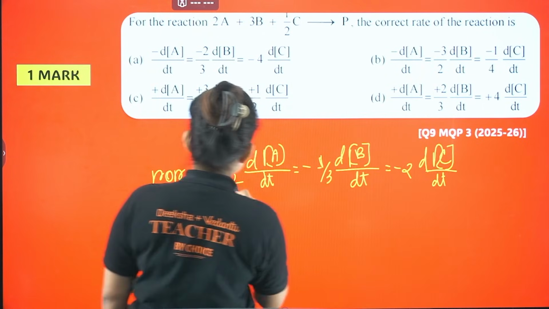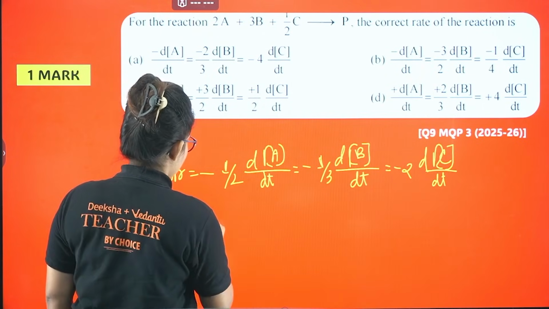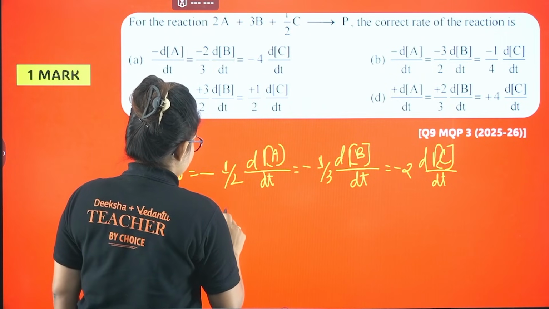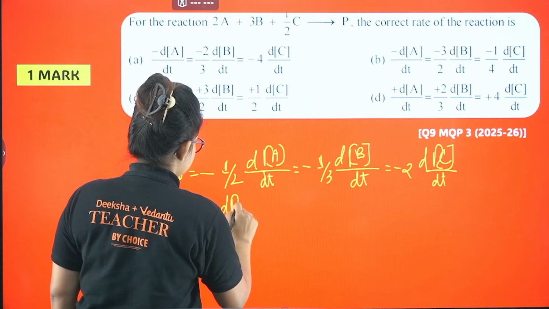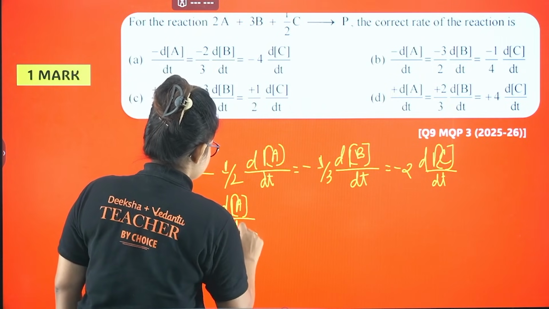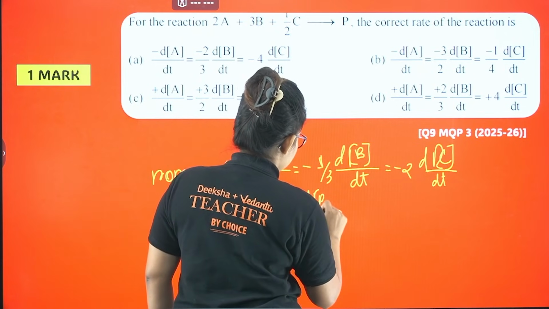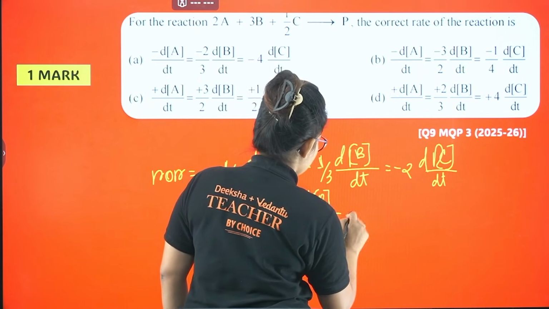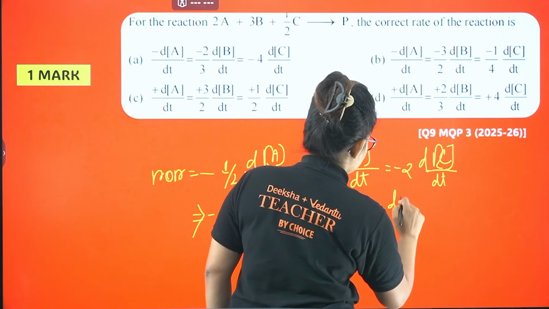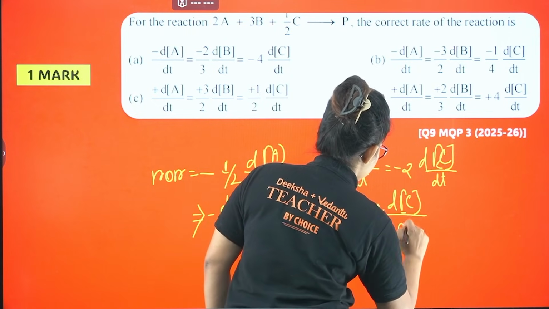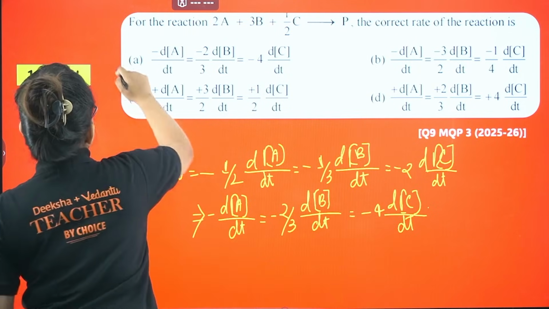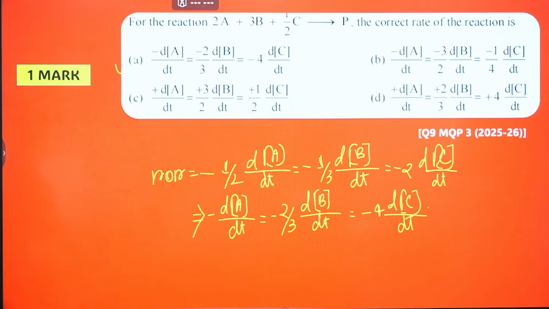If you just multiply these with everything, it will be something like -dA by dt equals -2/3 dB by dt equals -4 dC by dt. So option A is going to be the correct one. I guess this is clear.